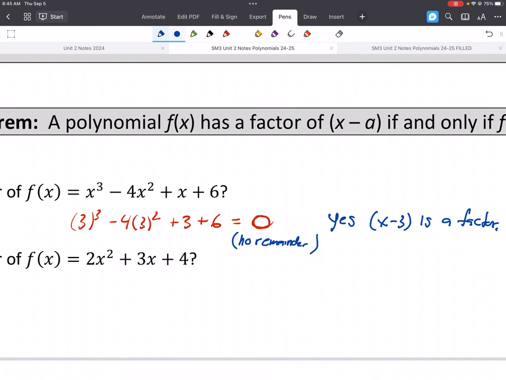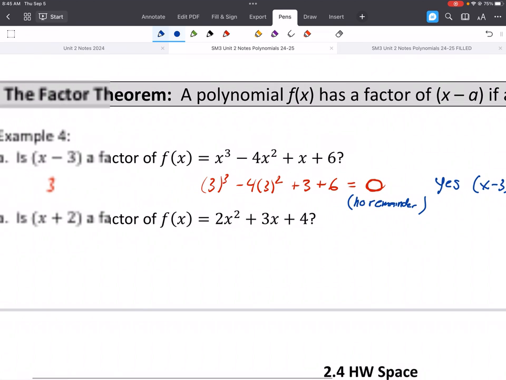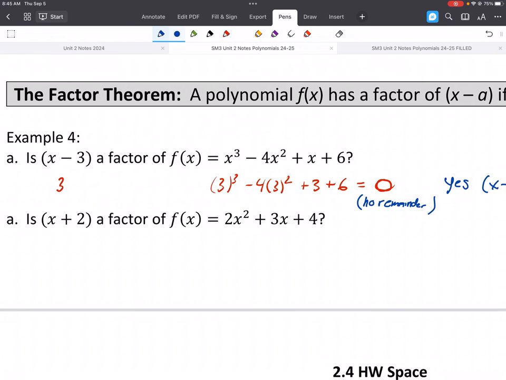Now let's do one more. Is x plus 2 a factor of this function? Again, its zero would be negative 2, so we'll plug negative 2 in, substitute.